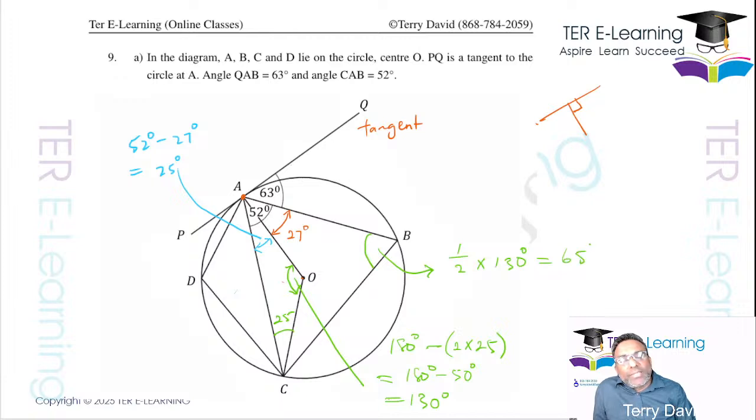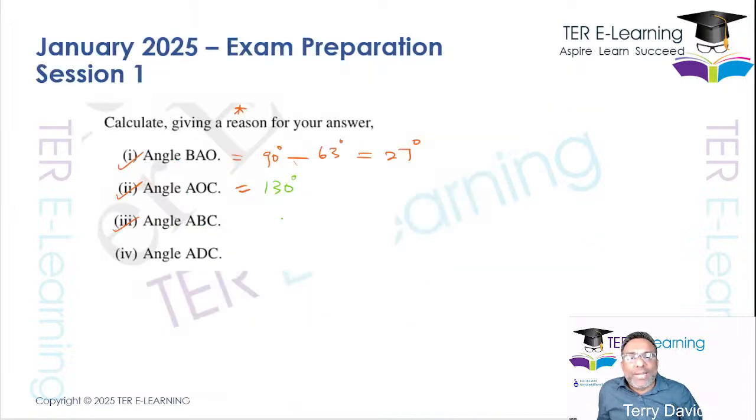You all need to be able to give your reason. The angle at the center is twice the angle at the circumference. You all need to know that. So for this one, it is going to be 65 degrees.